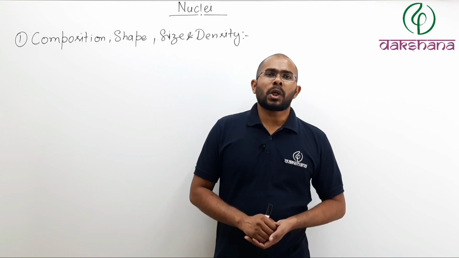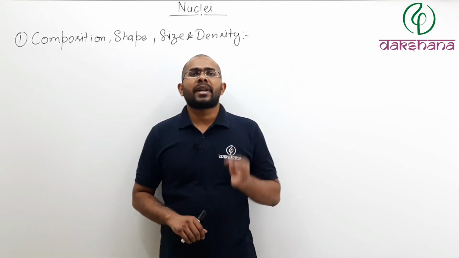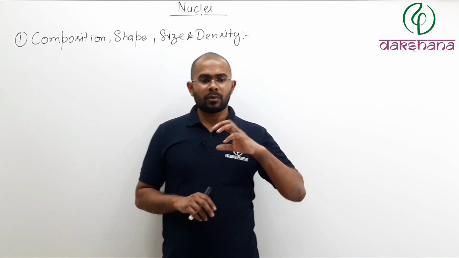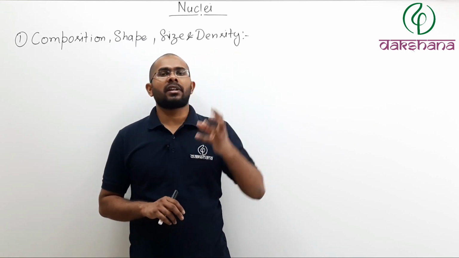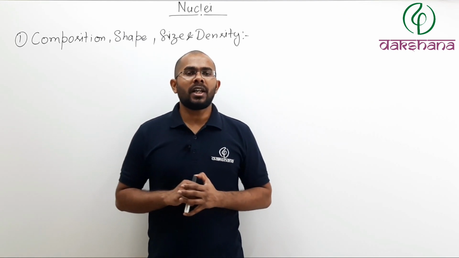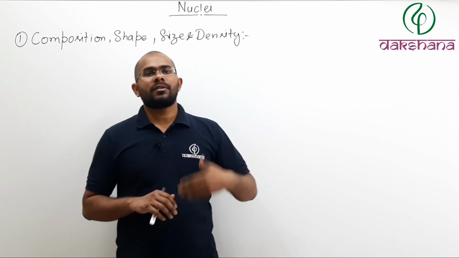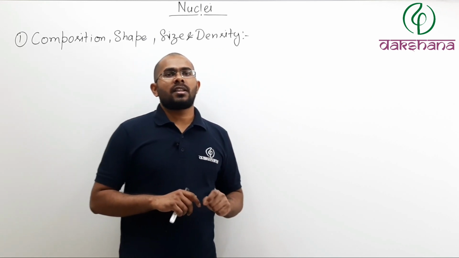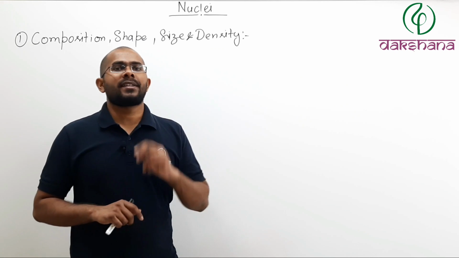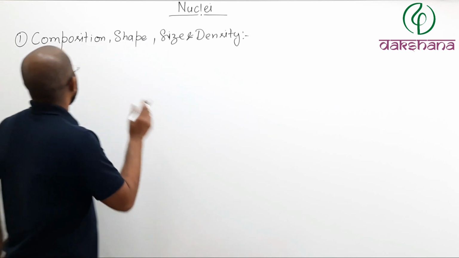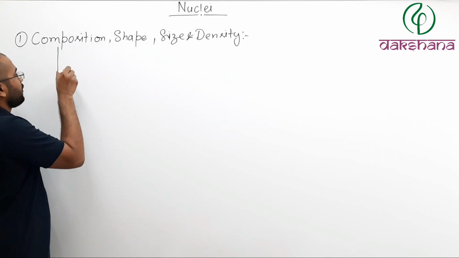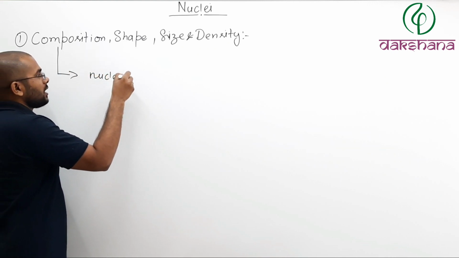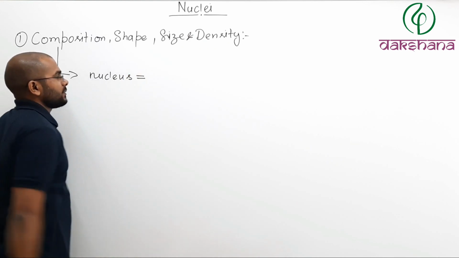So first let us talk about what our nucleus is made of. Until Rutherford, there was no nuclear composition, there was no internal structure of nucleus. But after performing a lot of experiments, scientists came to know that inside the nucleus also there are mainly two kinds of particles.